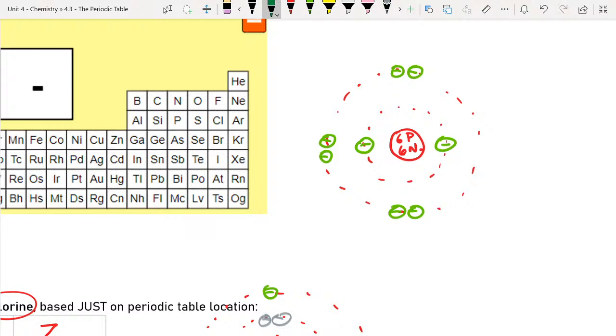Because that determines what it is. So instead of doing all of this work drawing the nucleus, all I need to tell you is what's in the nucleus of this? It's carbon. Does that make sense? So in a Lewis diagram, we don't bother saying there's 6 protons and 6 neutrons. We just say, hey, it's carbon.